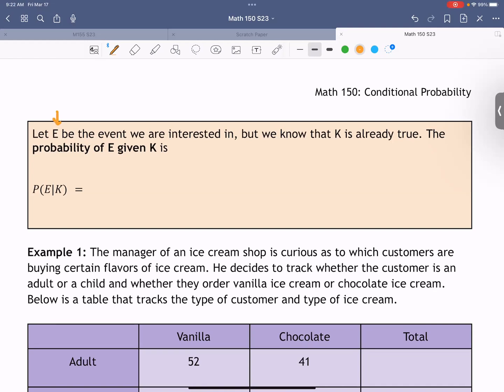In our example, E was having the disease. But we're not just interested in the probability of having the disease. We are interested in that probability if we already know that another thing is true, which we're going to call K. K in this case was that we tested positive.